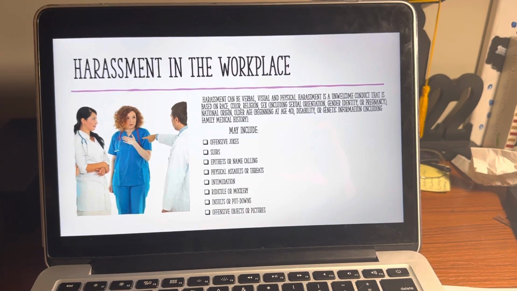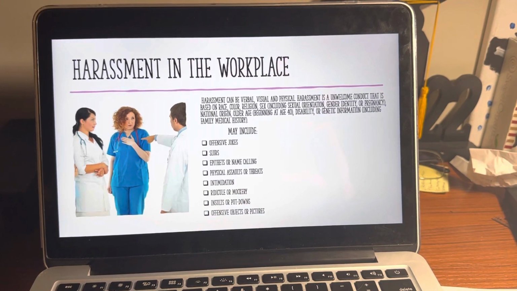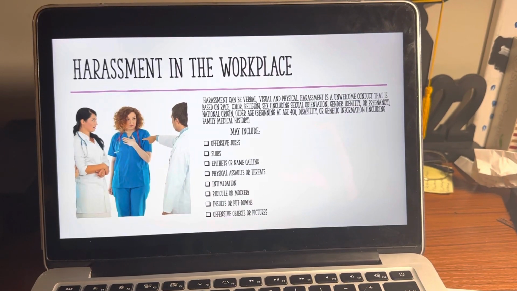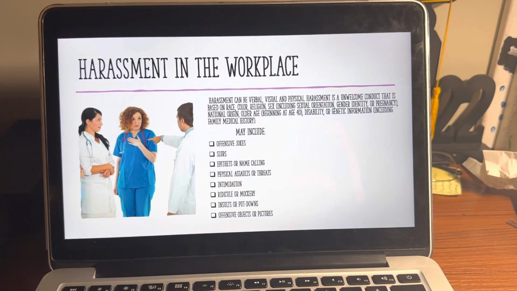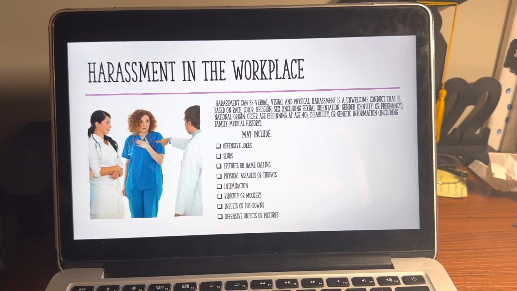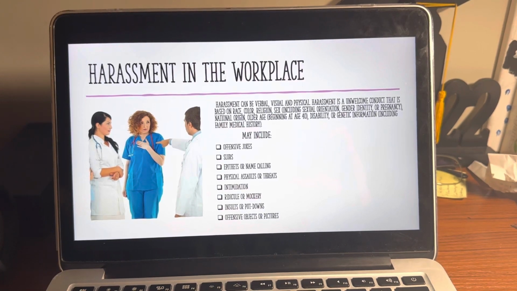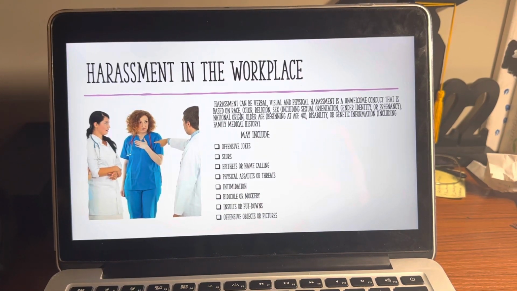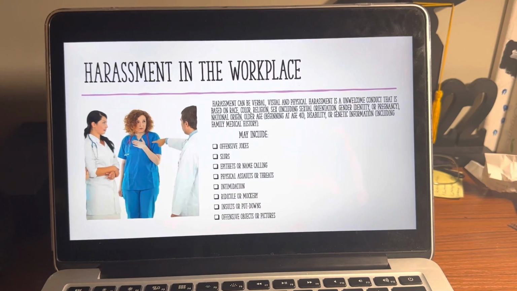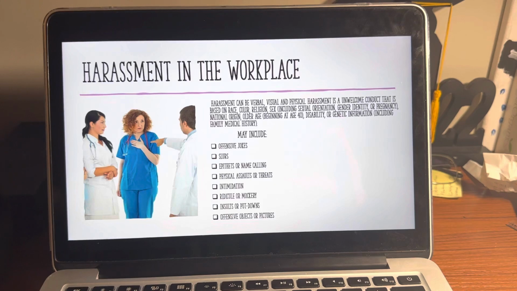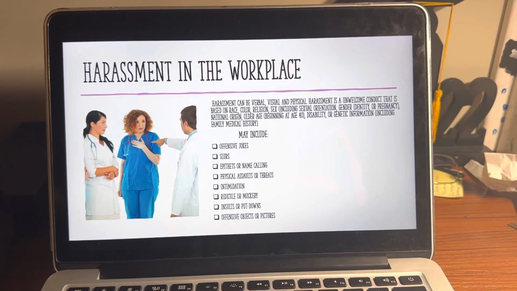The third type of inappropriate behavior in the workplace is harassment. It can be verbal, visual, and physical. Harassment is unwelcome conduct that is based on race, color, religion, sex, including sexual orientation, gender identity, or pregnancy.